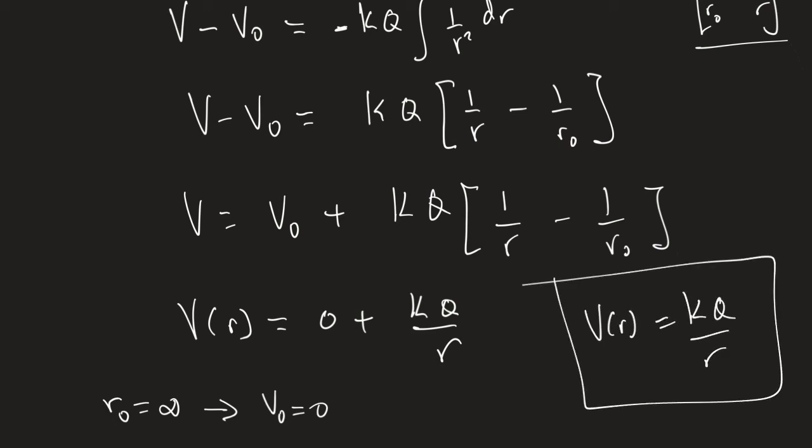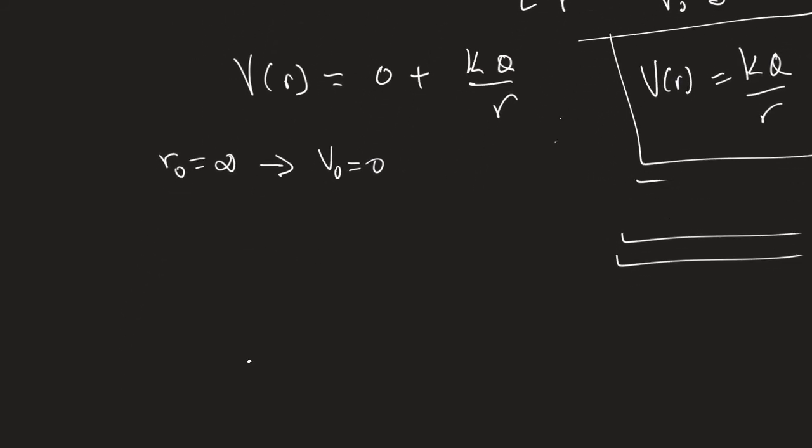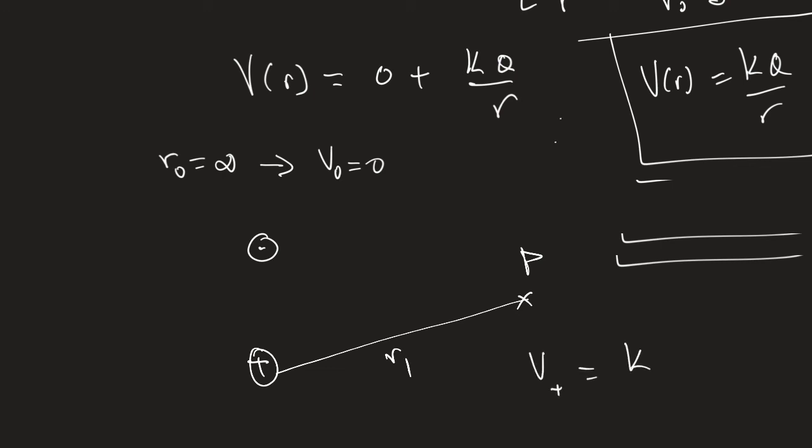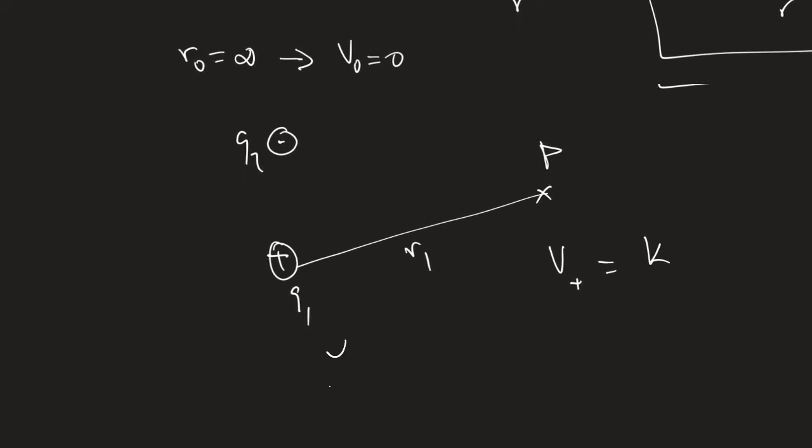So if you have a positive charge and another negative charge, at the point P, the charges at distances R1 and R2 produce potentials. The potential at the point P will be the potential produced by charge 1 plus the potential produced by charge 2.